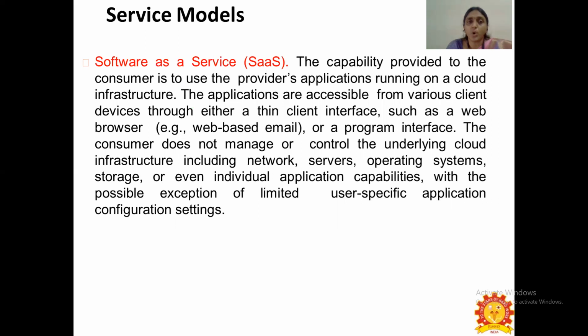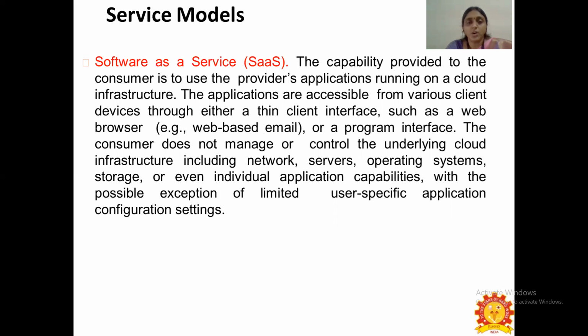And here are the service models which are mentioned. The first service model is software as a service, which is SaaS. The capability provided to the consumer here is to use the provider's applications which are running on a cloud infrastructure. And we can see the applications are being accessed from various client devices through either a client interface such as a web browser or a program interface.